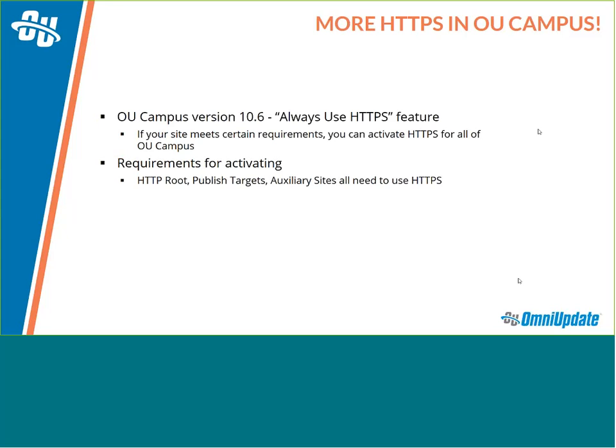So there are some requirements that need to be set before this feature can be activated. You need to have your HTTP route set to be HTTPS. Any published targets, meaning additional production servers that you can send to, also need to have their HTTP route set to HTTPS. Auxiliary sites, all of that stuff as well.